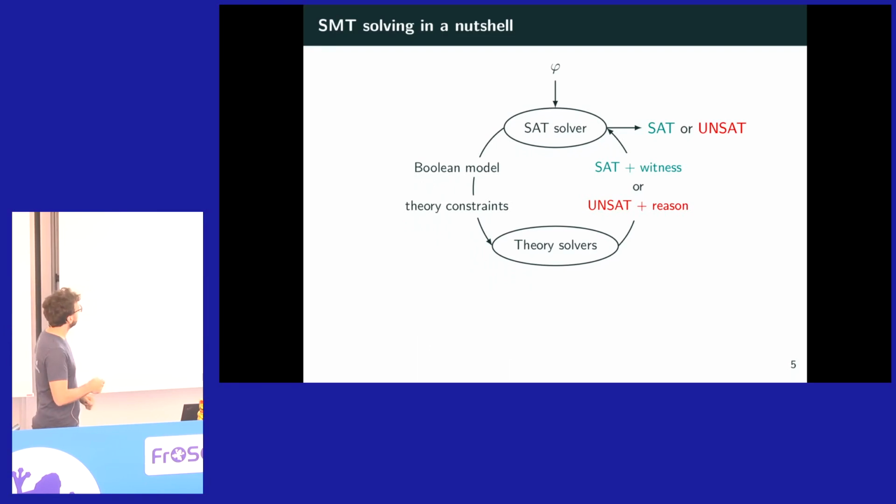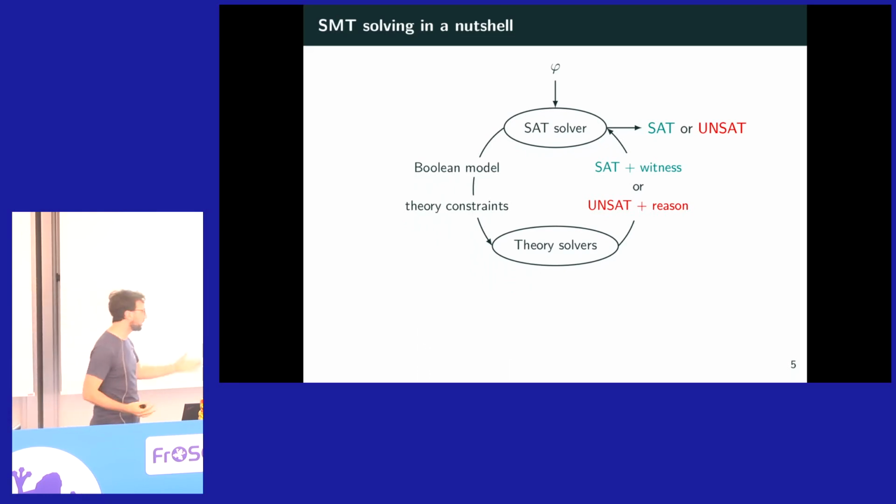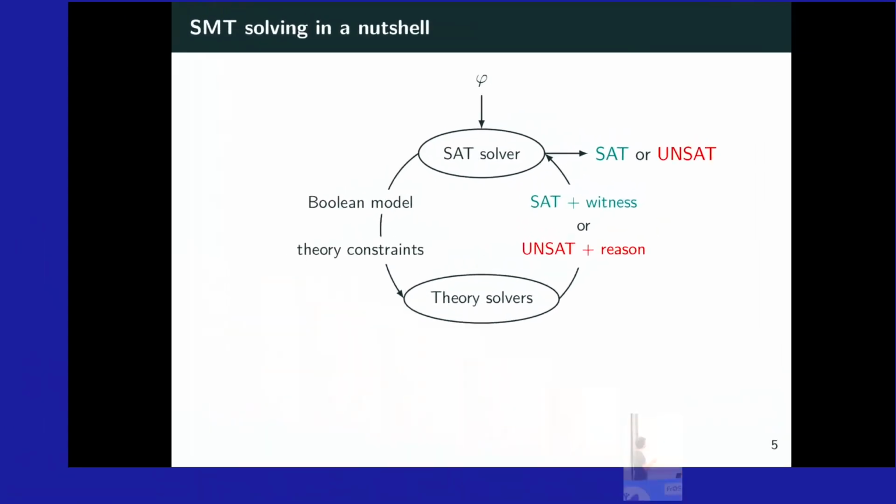And the idea is that this one deals with a Boolean construct, with your ands and ors and negation and all the stuff. And the theory solvers only deal with a list of constraints. So you have no combinatorial problem from the logical side there, but really just a set of relations or a set of inequalities, something like that.